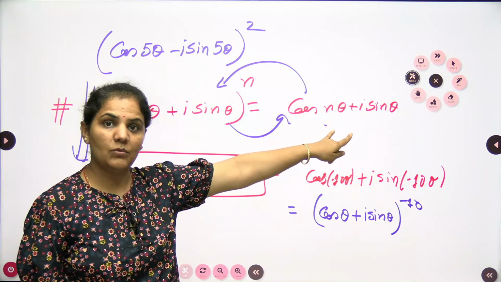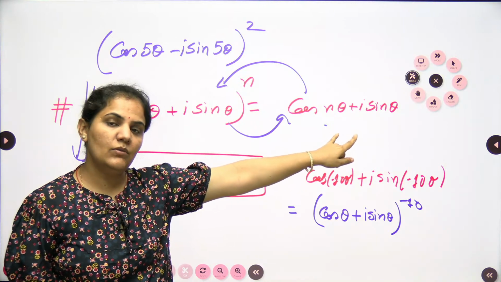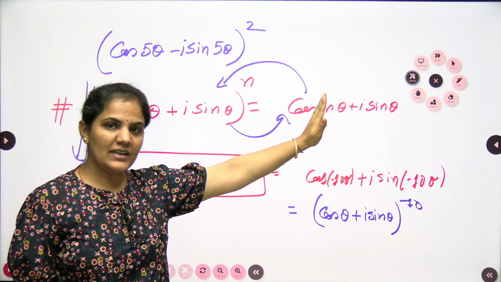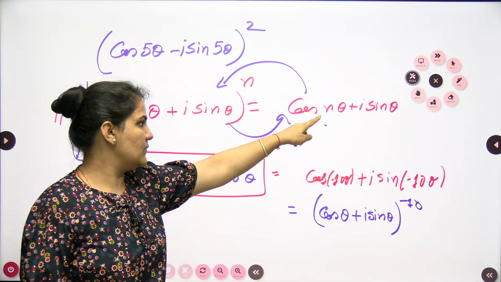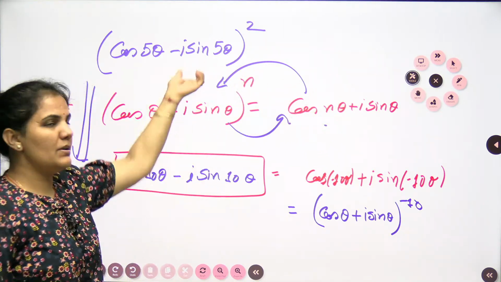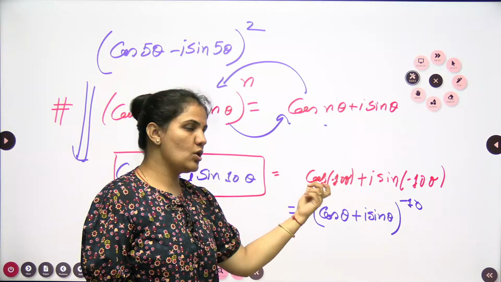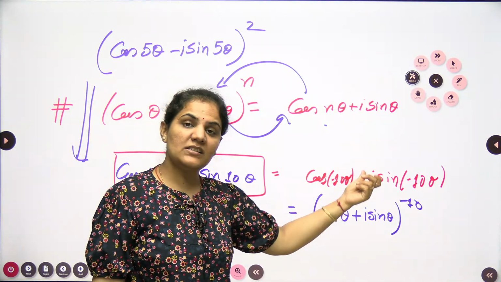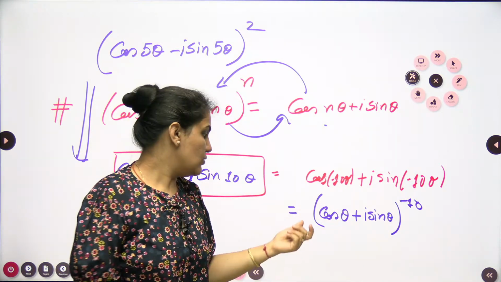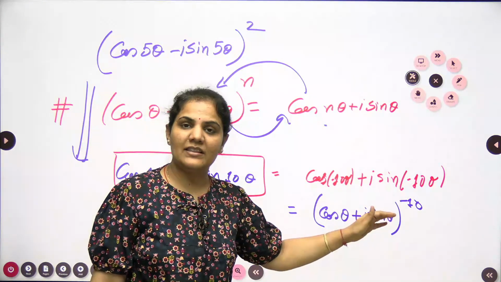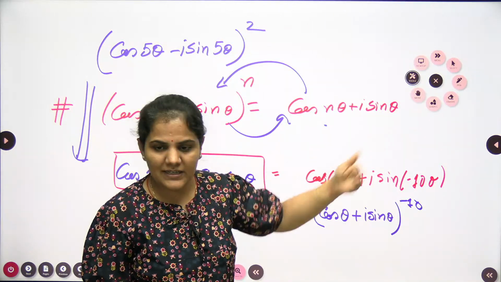My question is now in this form. I want to use the reverse de Moivre's theorem again here. So when I write cos theta plus iota sin theta to the power n, I can see this is cos minus tan theta plus iota sin minus tan theta. So my n is minus 10 here. So it will be cos theta plus iota sin theta to the power n, where n is minus 10.